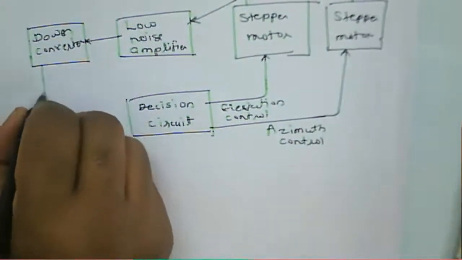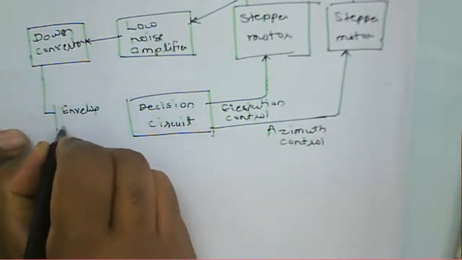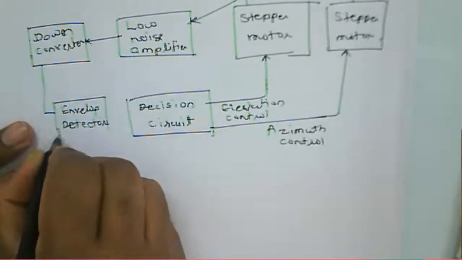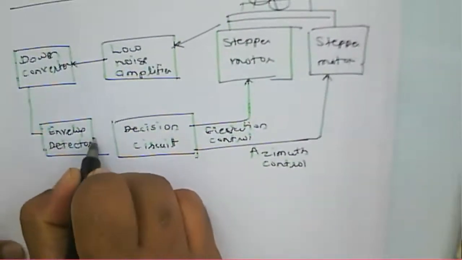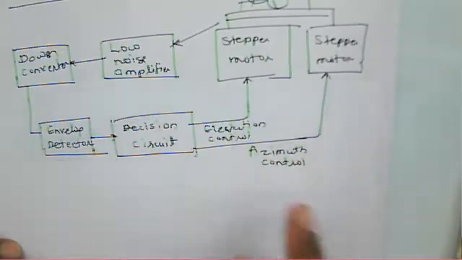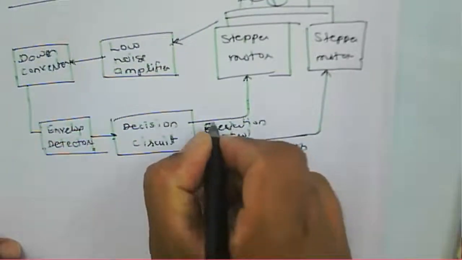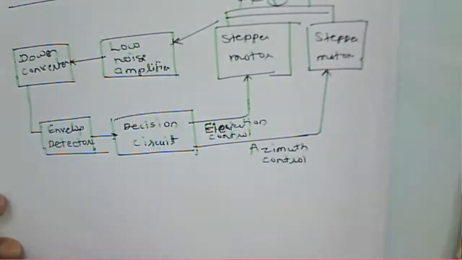Then the envelope detector. Now according to the envelope detector, the decision circuit will provide the input of elevation control, or azimuth control there.